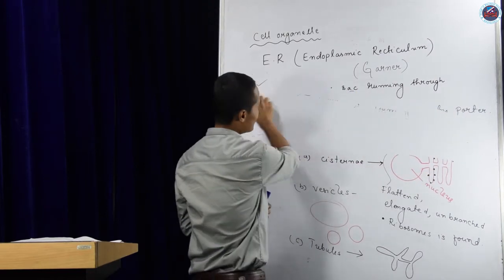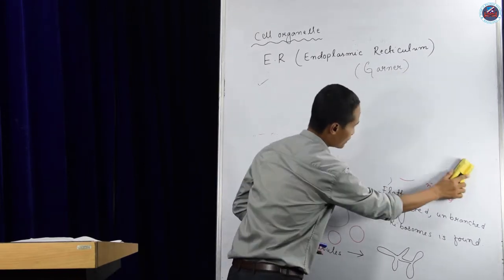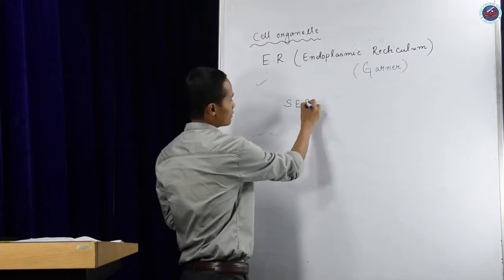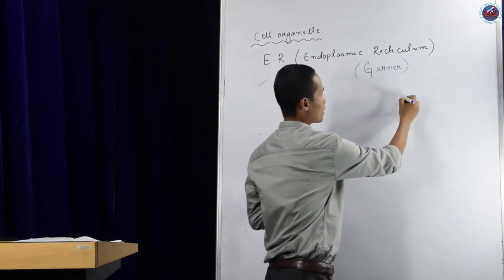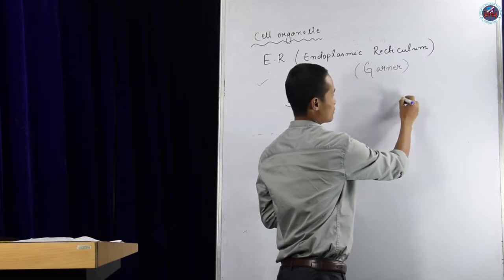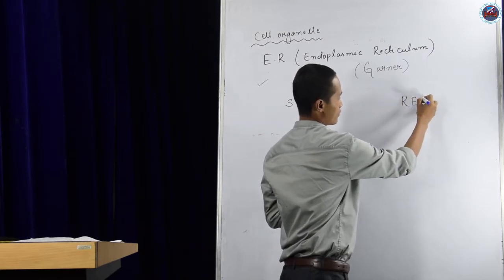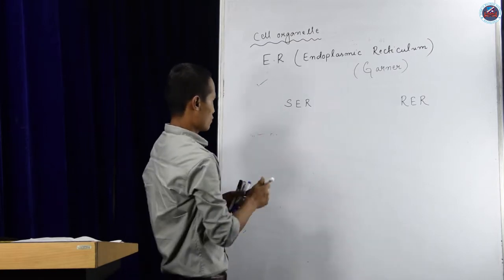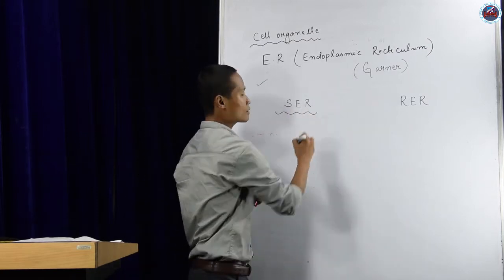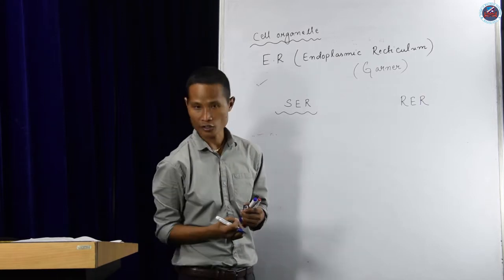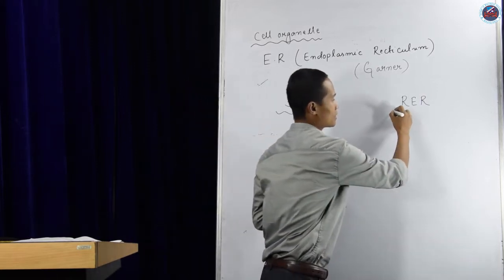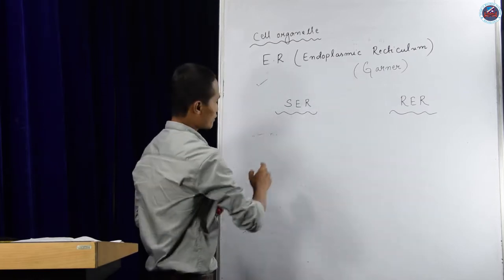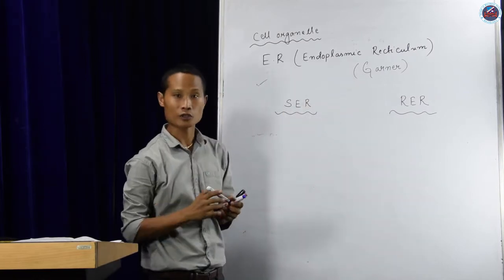Now we will discuss the types of endoplasmic reticulum. There are two types: SER and RER. Let's see the differences between these. SER means smooth endoplasmic reticulum, and RER is rough endoplasmic reticulum. The name itself says smooth.